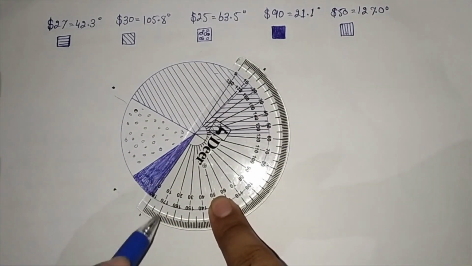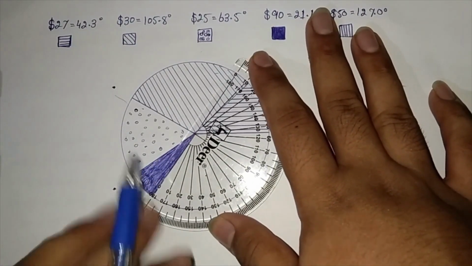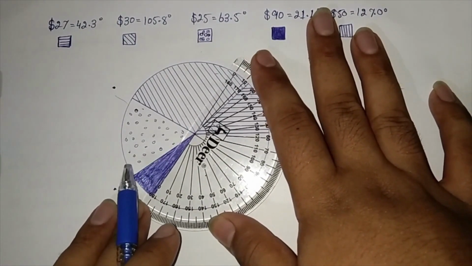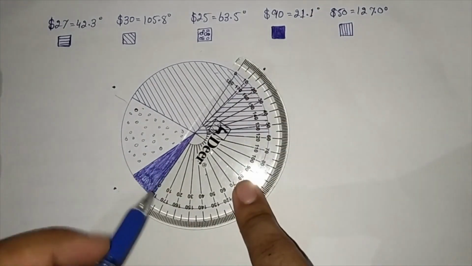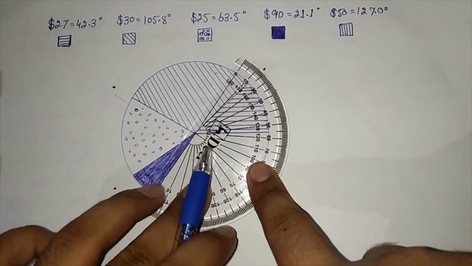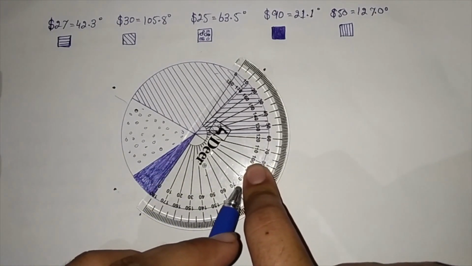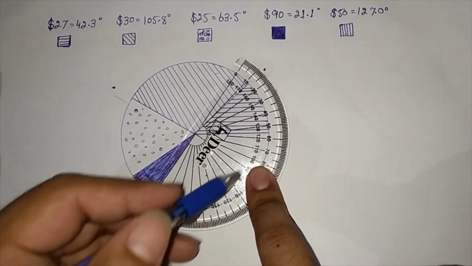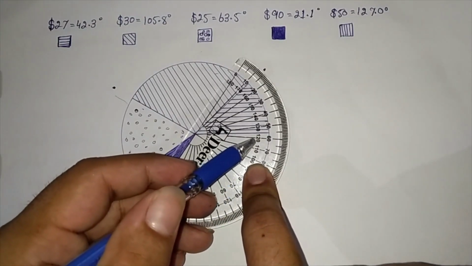Here we have our baseline, so we will use this 0. All right, let's start counting. Here we have 0, 70, 80, 90, 100, 110, 120.